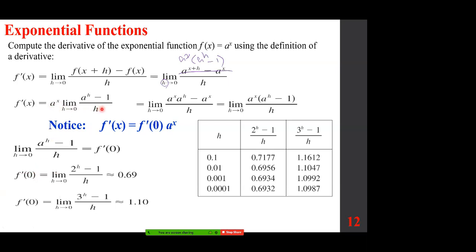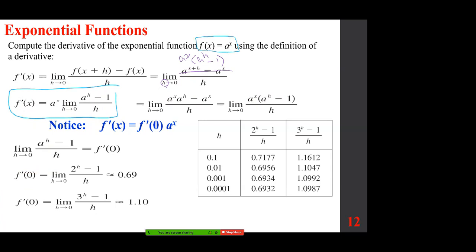So take a look at this one. So we have from here, we go here, we go here, we go here, and then we take the a to the x out. So I want you to pay attention to what I want to go over. So we get here, and I am going to compare these two.